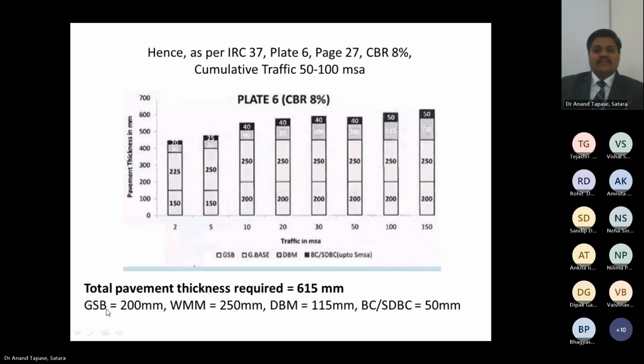You can see the total thickness required is 200 plus 250 plus 150 plus 50. So the higher side has been considered. Granular base will be 200, WMM will be 250, DBM will be 115, and BC will be 50.